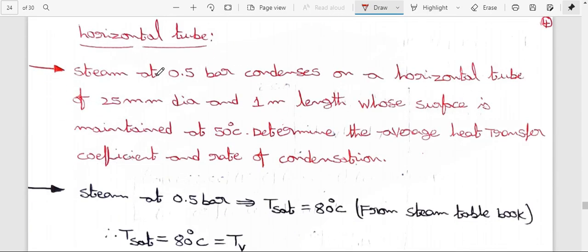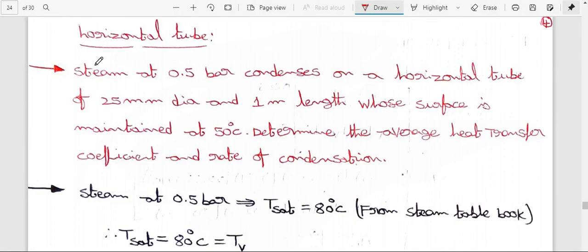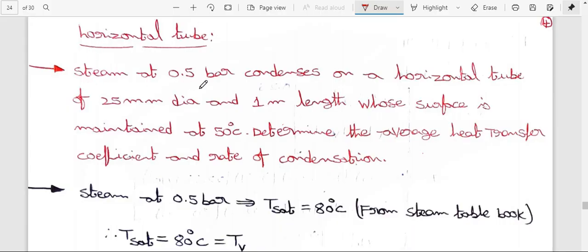Going to the next question, the horizontal tube. Here the steam at 0.5 bar condenses on a horizontal tube of 25 mm diameter.